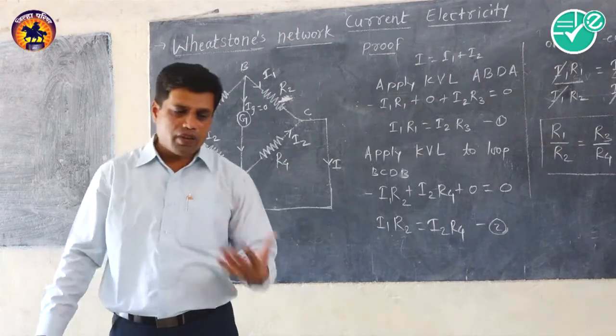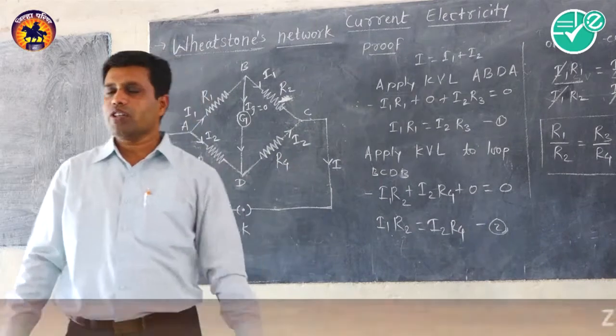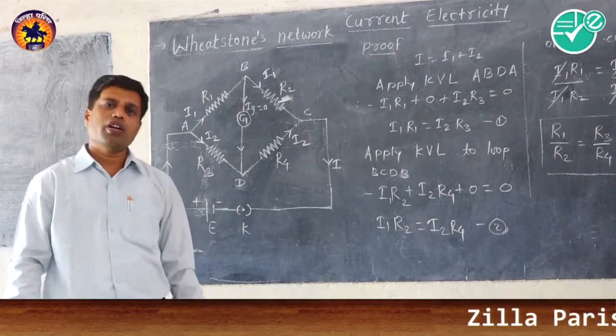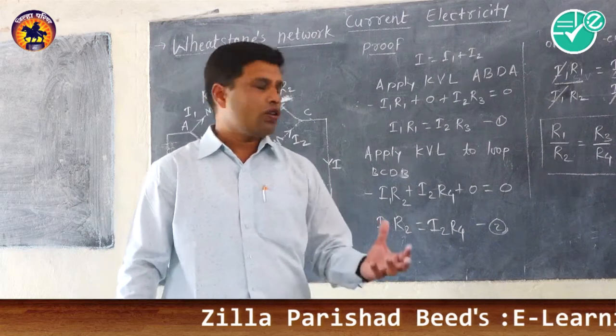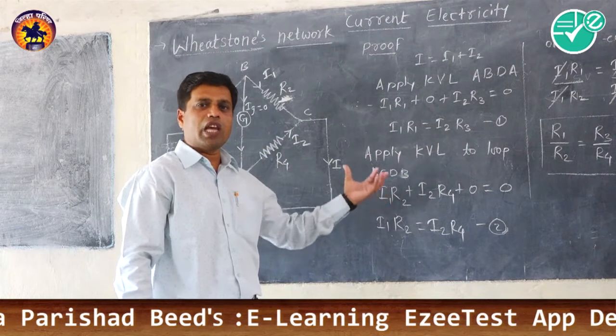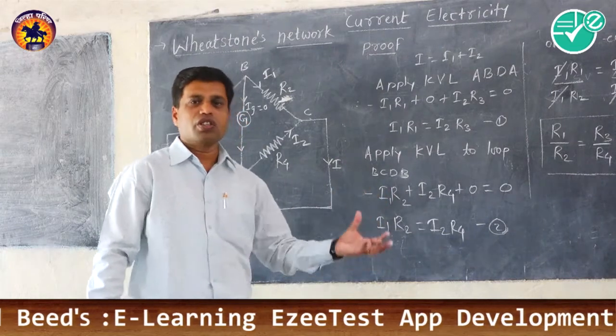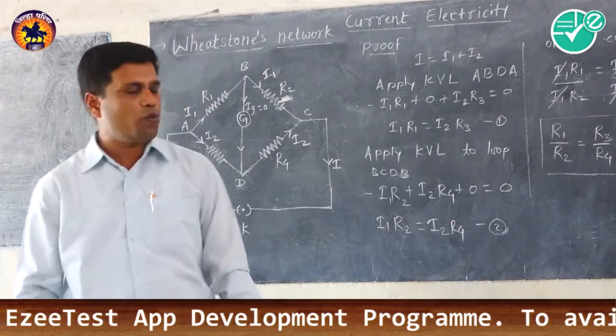If I want to prove this balanced condition with the help of Ohm's law, then it can also be proven. So we can also prove the same result with the help of Ohm's law.